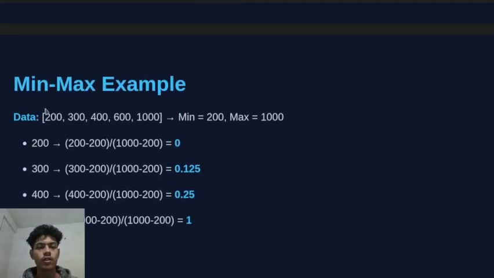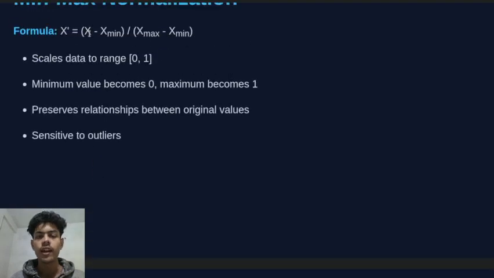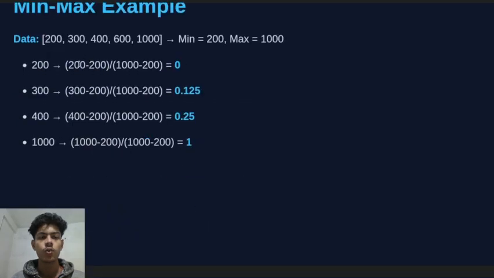Now we have this data set in our next question. We find the min max normalization, where x min is 200 and x max is 1000, and for the initial value x0 we take x as the initial value only.